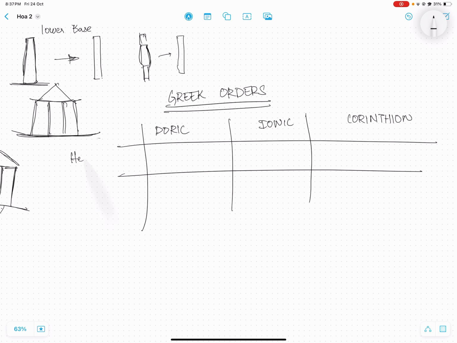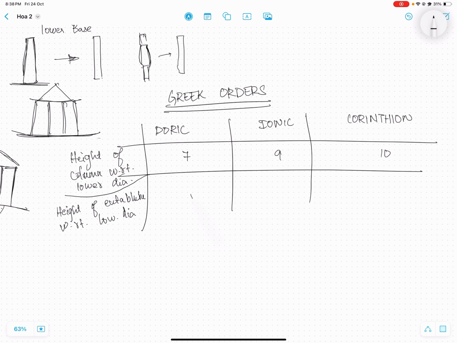Now, if you see the height of the column with respect to lower diameter, and the height of entablature with respect to lower diameter, this is 7, 9, 10, 2, 2, 2 1/4.